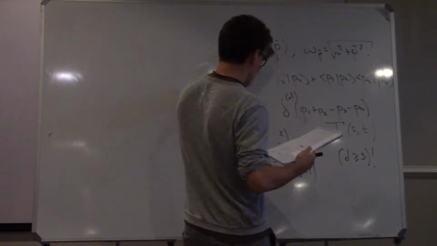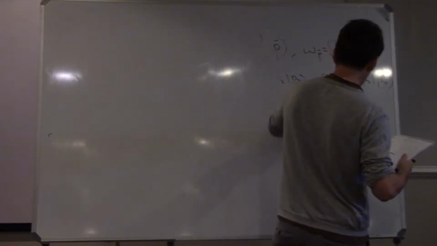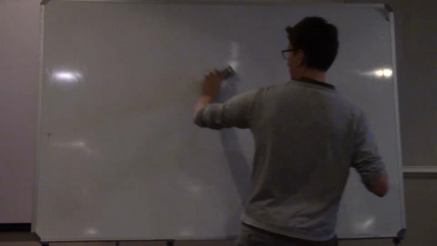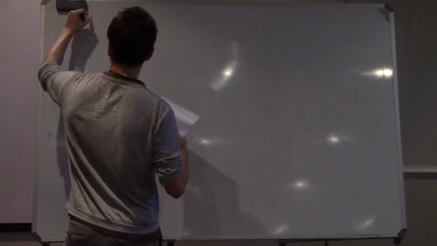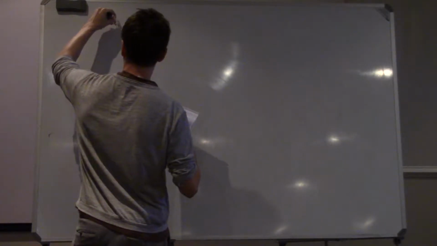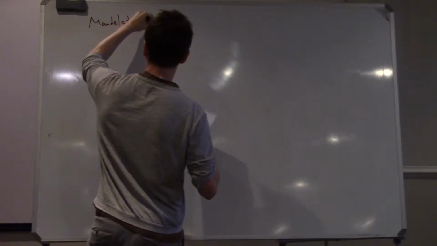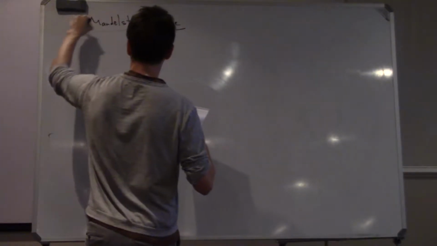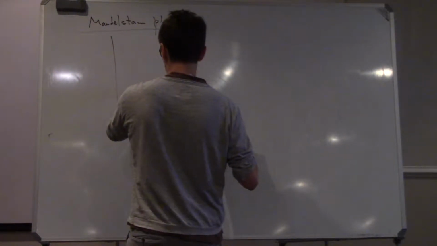The Mandelstam plane describes different regions in these S and T parameters. The way you draw it is like this.